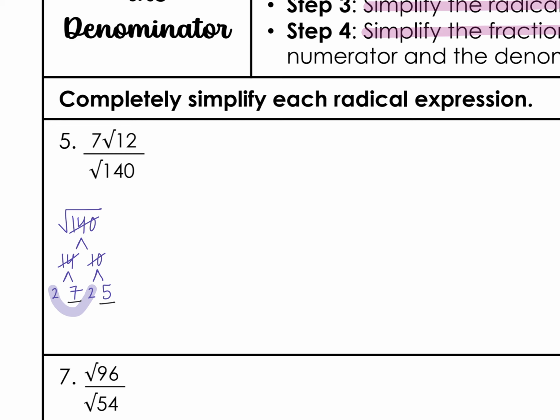So we pull out our 2, then multiply the 7 and 5 back together to get 2 square root of 35. So I'm going to rewrite what we have here with the 7 square root of 12 over the 2 square root of 35.